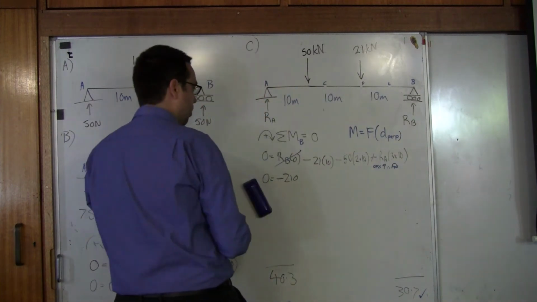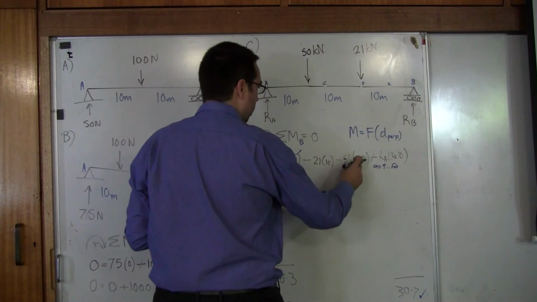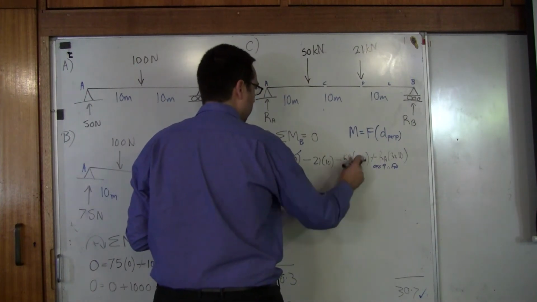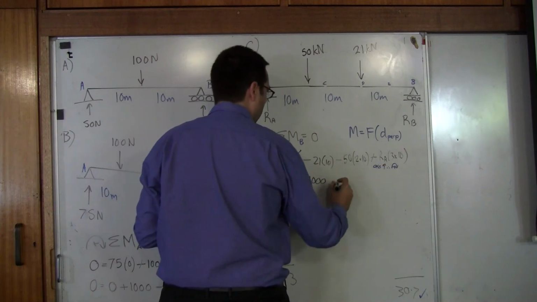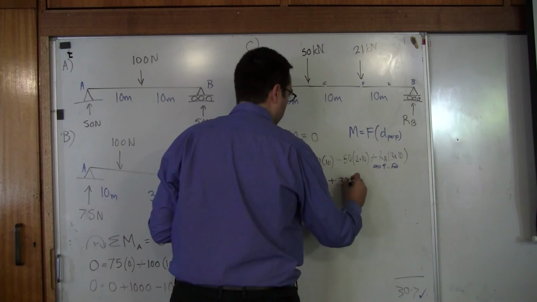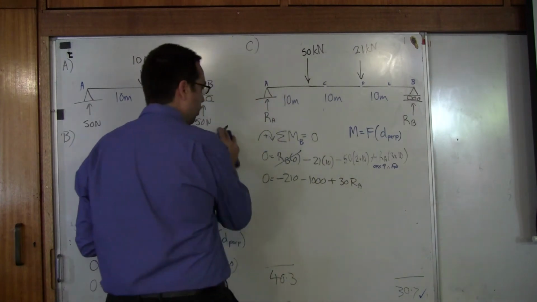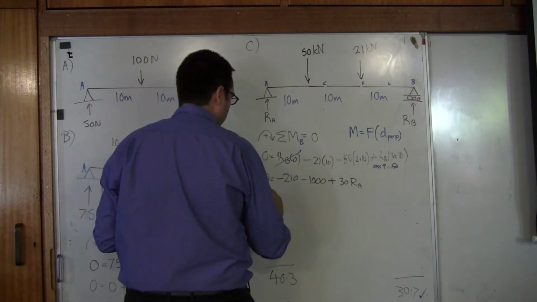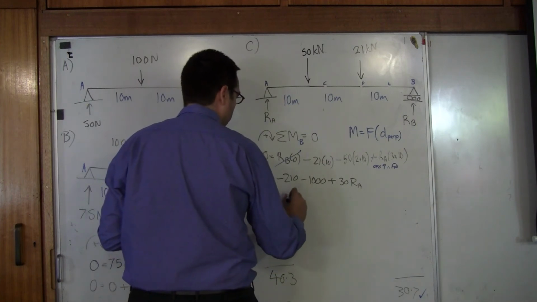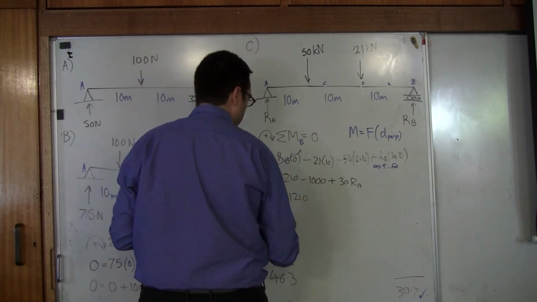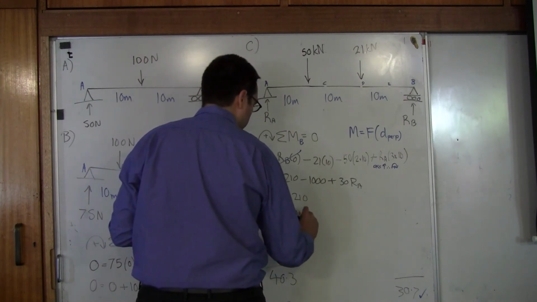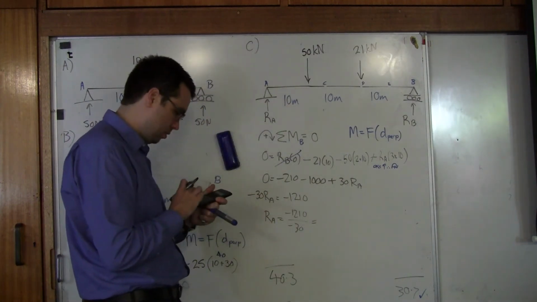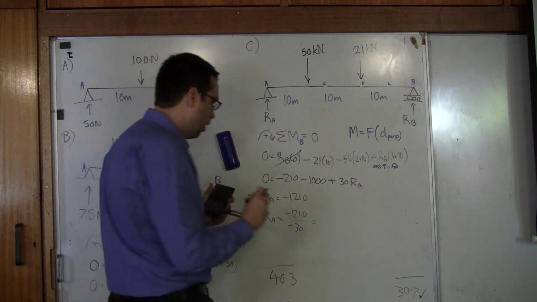Okay, minus 2010, and this is 50 times 20, which is 1,000, right? Plus 30 RA. So I'm going to move that over this side. Minus 30 RA equals minus 1210. So RA equals minus 1210 divided by minus 30 equals 40.3.